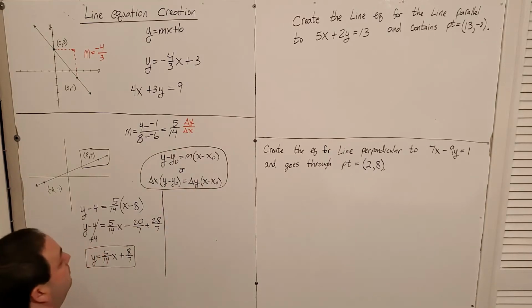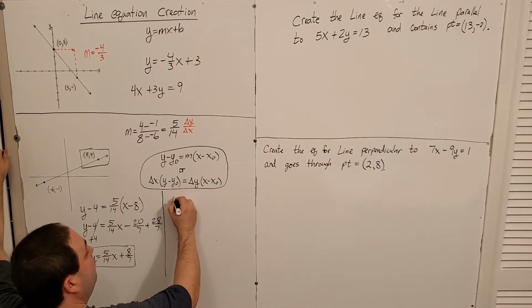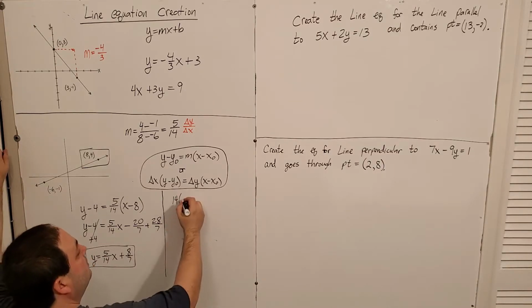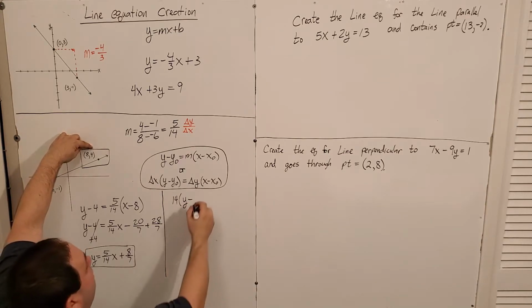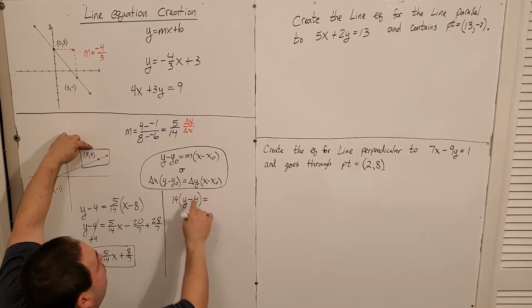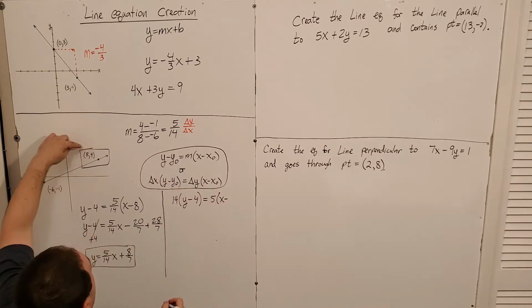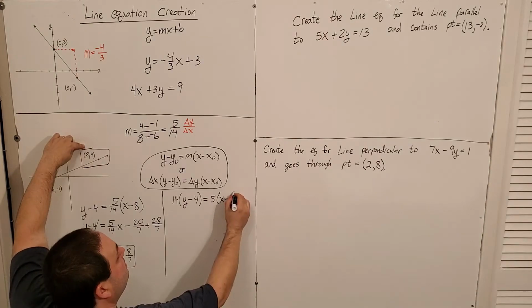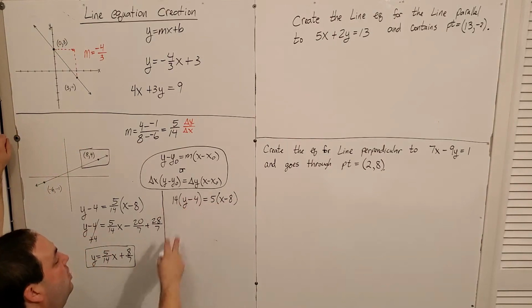All right. So that means that I can set up this equation. 14 times y minus, I'm still using this for my point, 4, equals delta y is 5 times x minus, x coordinate is 8.